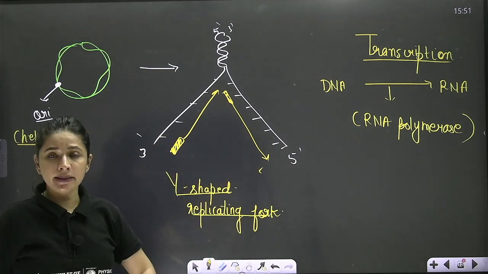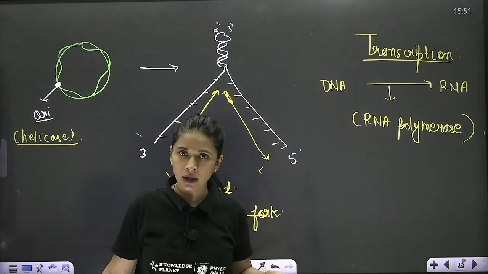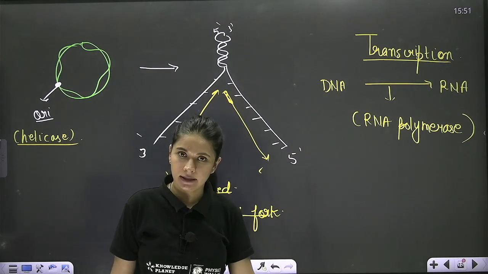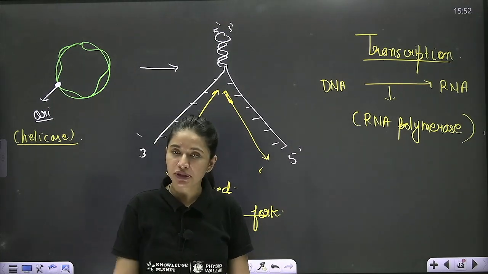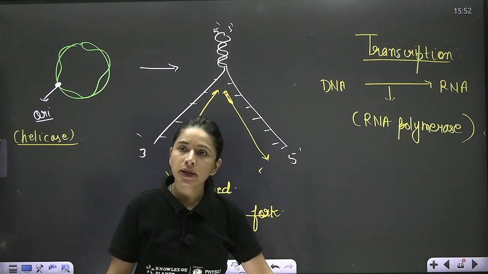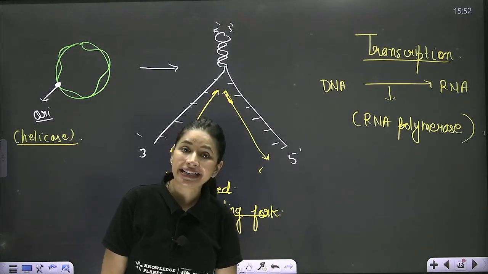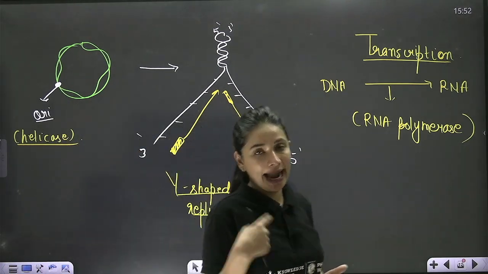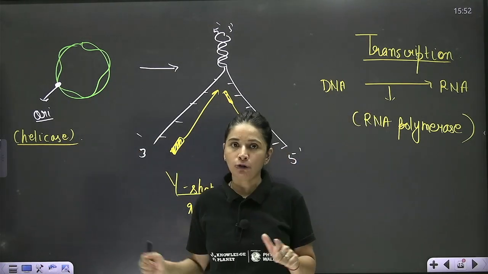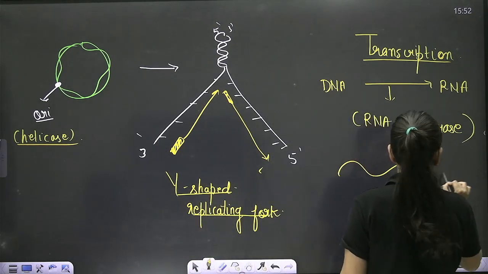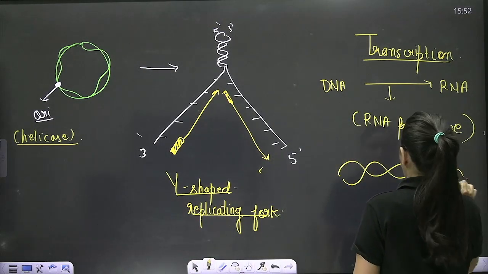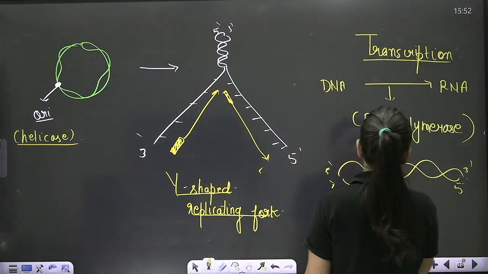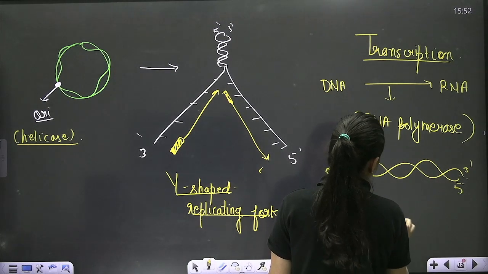It also takes place in the cytoplasm of the cell for prokaryotes, but in eukaryotes, it takes place in the nucleus. So this is the second important information which you have to remember. Moving towards the third. Unlike replication, where both the parent strands act as template, here out of the two DNA chains, only the one whose polarity is 3' to 5' will act as template.